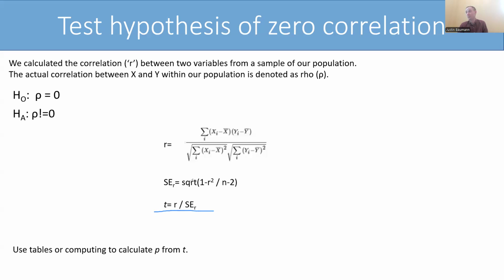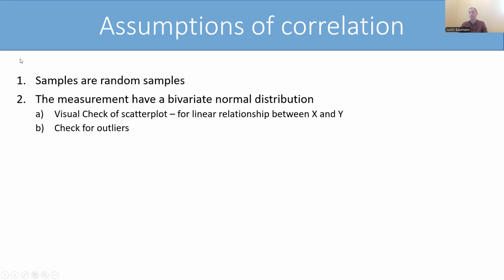T is just r divided by the standard error of r. So then we would use a table to calculate P from t, or we could do a t-test on our correlation. This is basically never really done. We usually want something a little bit more complicated than this, but now you've seen it.